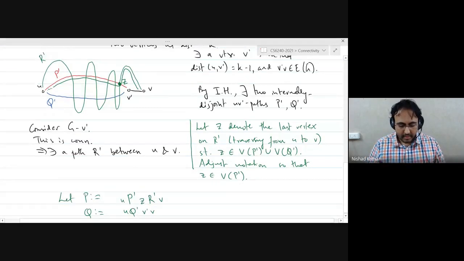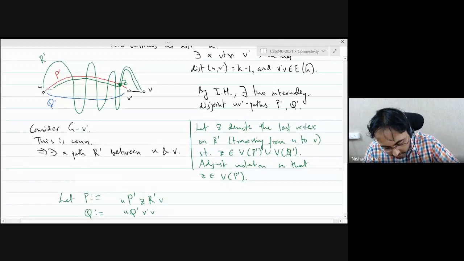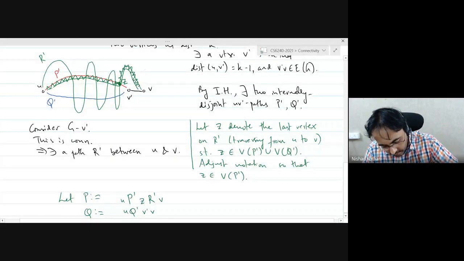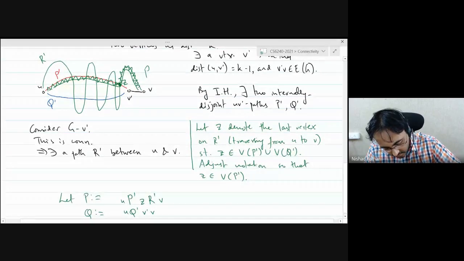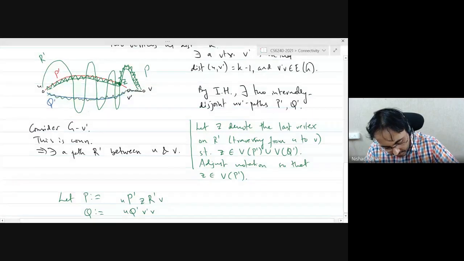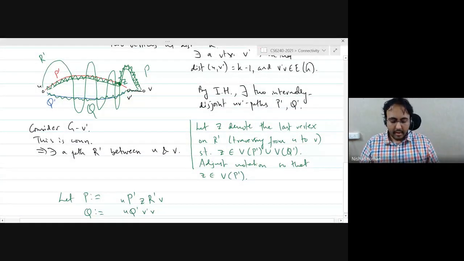Okay. So what are the two paths again? I'm going to use a squiggly line, let's say. This is the path P, and this is the path Q. Okay.